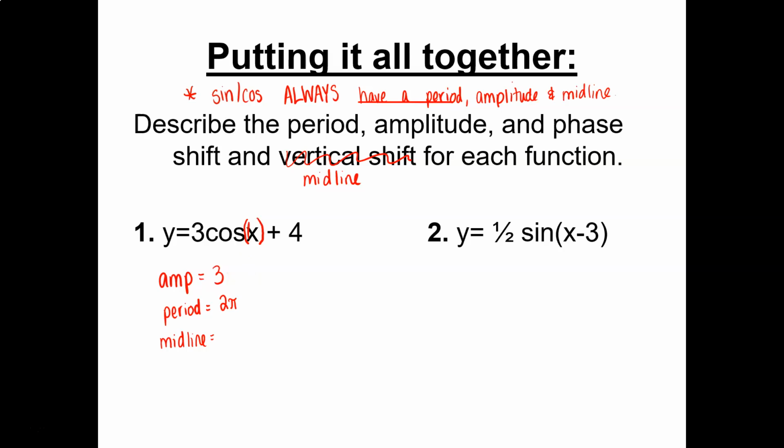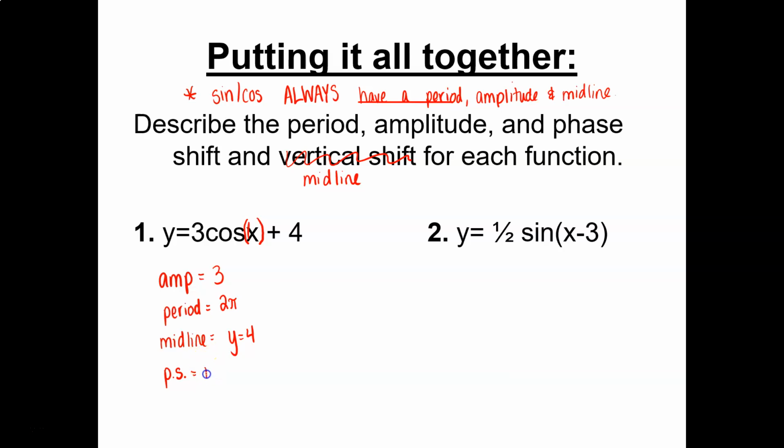Okay. Ethan, what would the midline be for this one? Good. Y equals 4. That 4 on the end moves this up 4, which is going to take that midline and move it up 4. And I'm just going to put PS for phase shift. What is our phase shift here, anyone? I'm seeing head shaking.